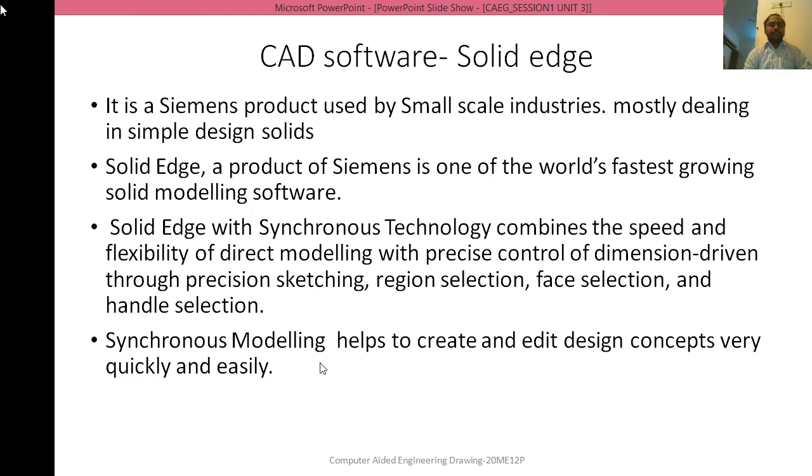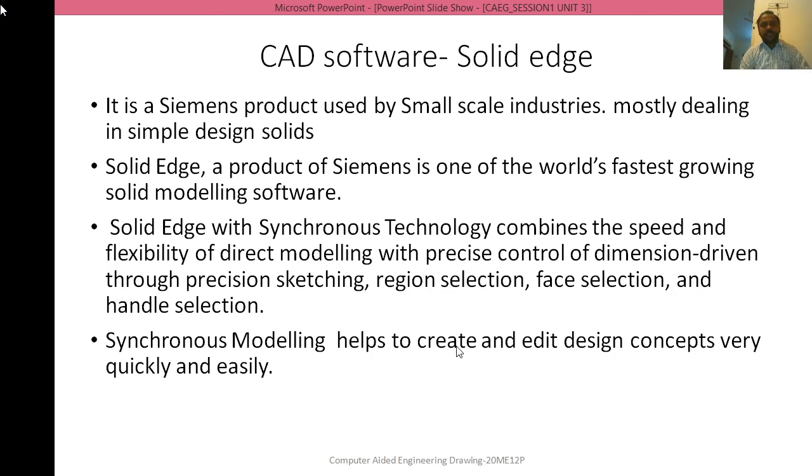It is a Siemens product used by small-scale industries, mostly dealing in simple design solids. Solid Edge, a product of Siemens, is one of the world's fastest growing solid modeling software. Today in industry, they are using Solid Edge to create 2D as well as 3D models.